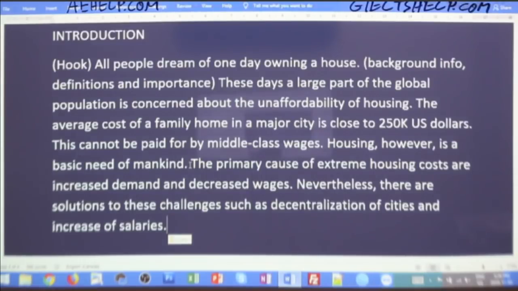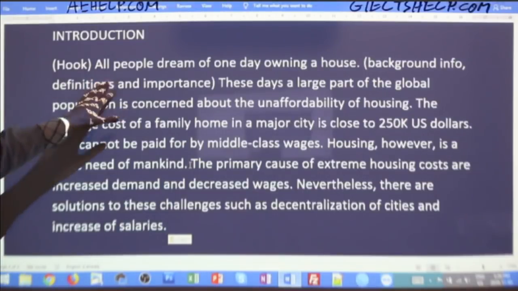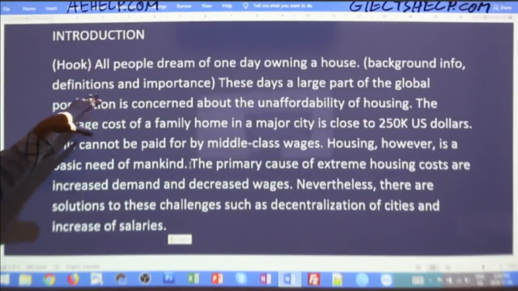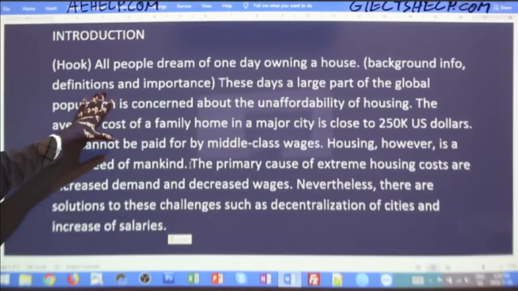So this is our introduction for this essay. Notice there's no you, there's no us, there's no we, there's no my, there's no I, because it is a third-person voice essay, all right? So let's read the introduction, make sure it's good, and then we can figure out what to do for body 1, body 2, and the conclusion.